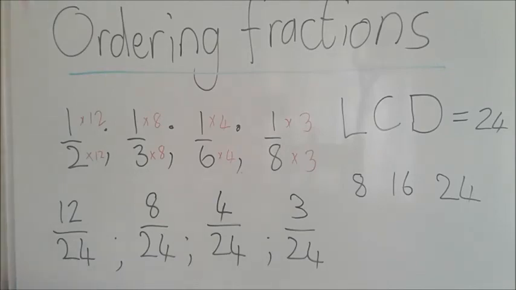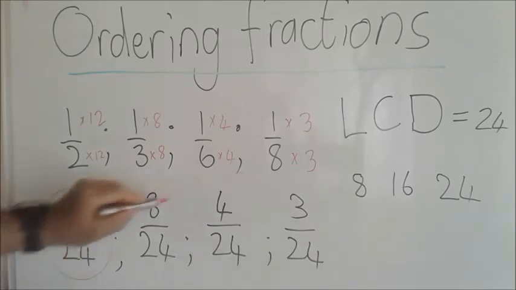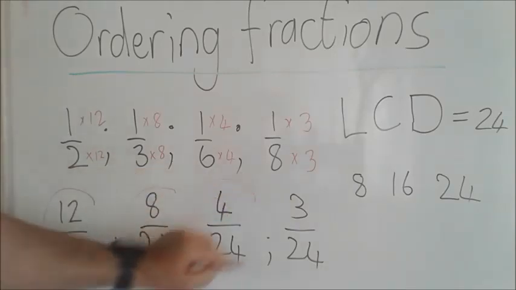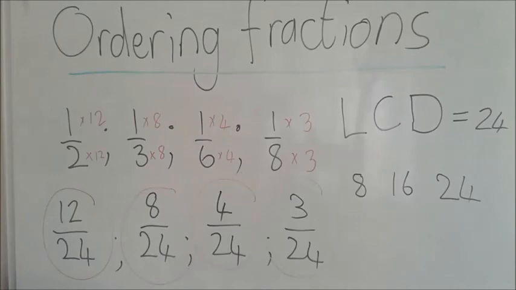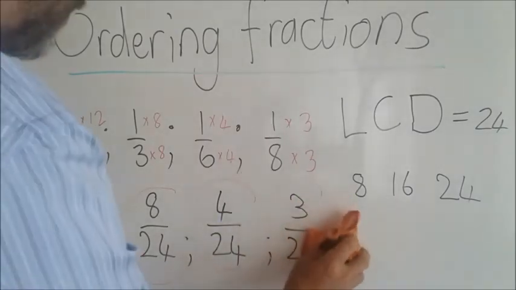You got this. Now because they all have a denominator of 24, I can see this one's clearly the biggest. Second biggest. Third biggest. Smallest. So now I can arrange them. Let's go from smallest to biggest.